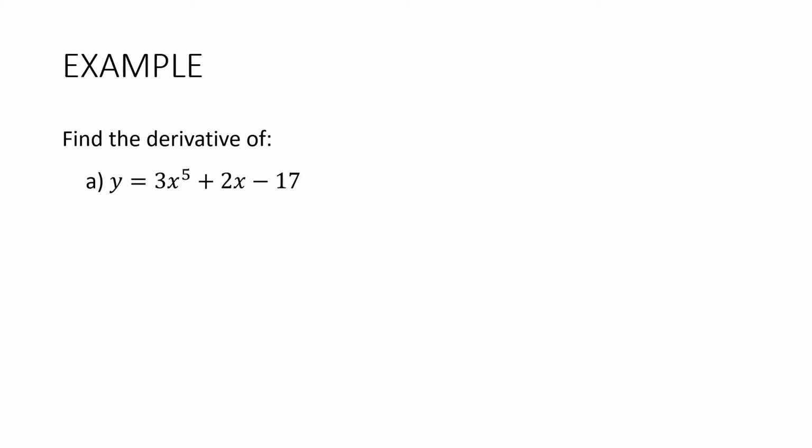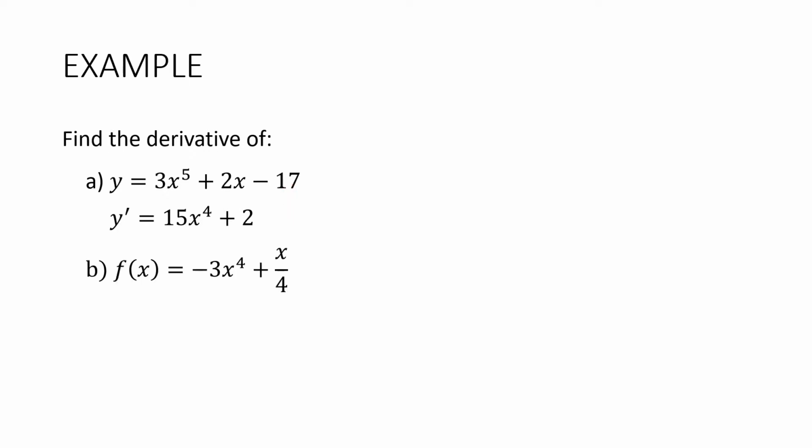So let's have a go at finding the derivative of this. y is equal to 3x to the power of 5 plus 2x minus 17. So we're going to go 5 3's are 15x to the 4 plus 2. That's it. That one I think you probably do understand at this point. This here is the one where we've got a coefficient in front of an x to the power of 1 term, and this is an x to the naught term, so the 0 comes down and wipes it out.